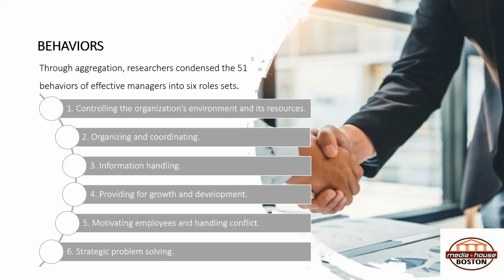We should all be able to manage the environment in which we work and the resources we have at our disposal. We should also be able to organize our work to prioritize. We will all be dealing with information that we get on a daily basis, and therefore we should also be able to manage the information we get. We are all going to be growing in our professional careers, and therefore we should be able to adapt to that.